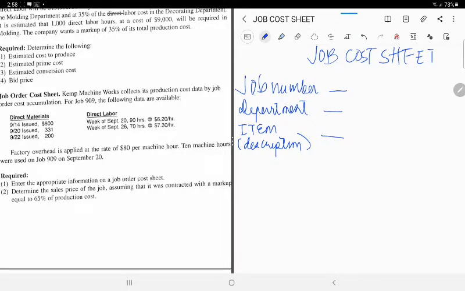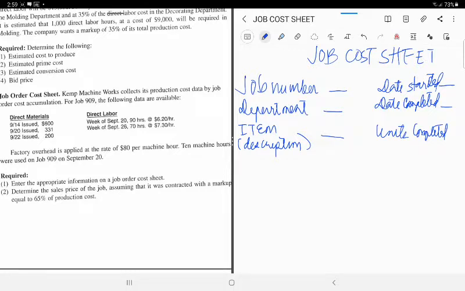And then we'll have the date started or date initiated, then the date finished or date completed, and then the units completed. Then we have given the six pieces of information.